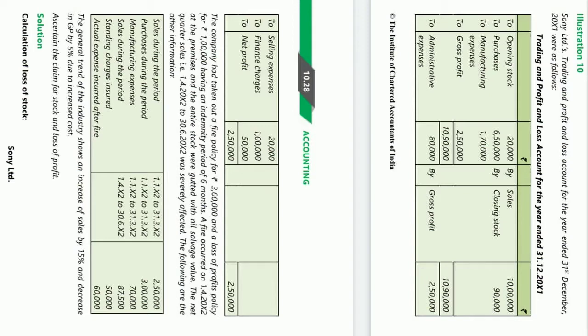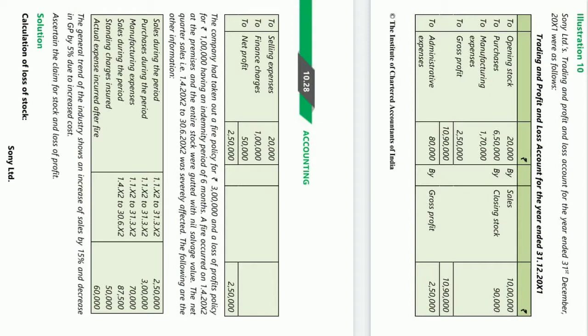The next quarter sales, that is 1/4/2012 to 30/6/2012, this period is the indemnity period. Indemnity period is nothing but the period during which the business has been dislocated because of fire, severely affected.